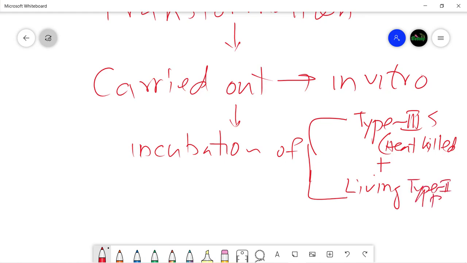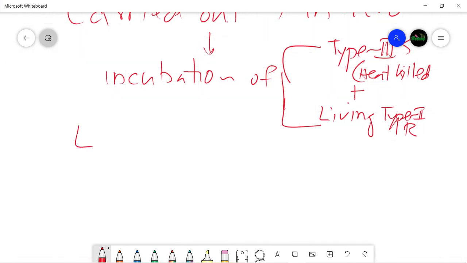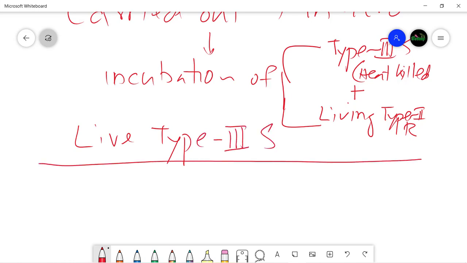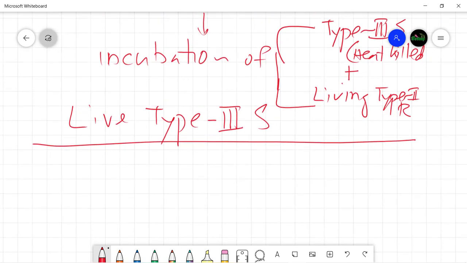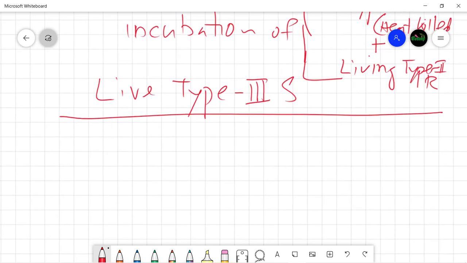When these two cells are incubated together, after a certain length of incubation, living type 3S cells can be recovered. So these were the experiments of Henry Dawson and his co-workers who confirmed the discovery of Frederick Griffith.